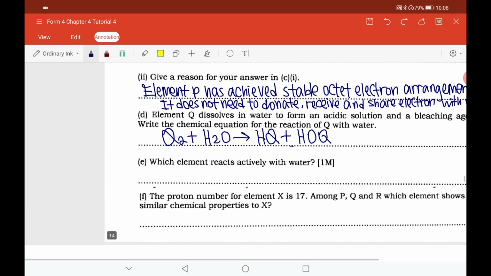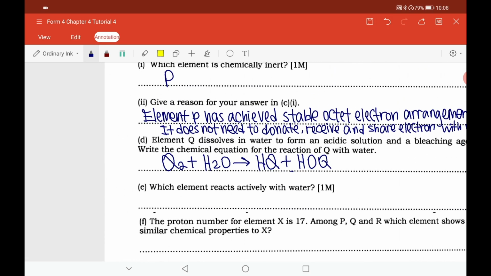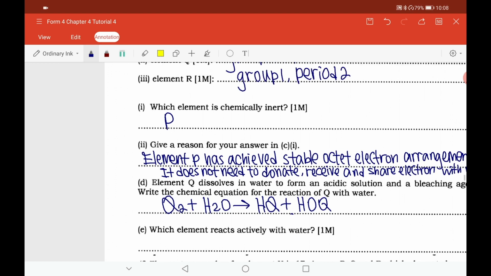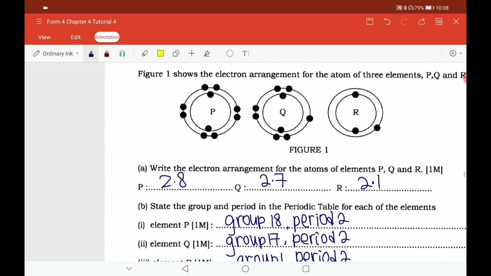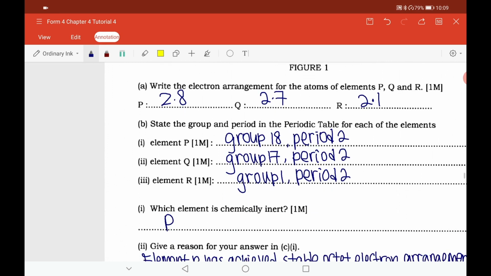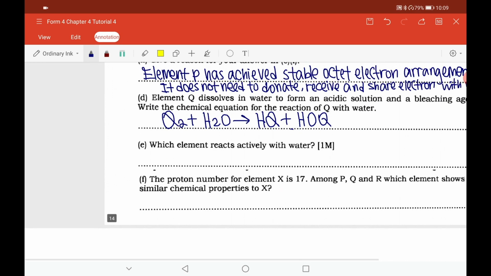Next one, which elements can react actively with water? In SPM there are 2 groups that can react with water: group 1 and group 17. When group 1 reacts with water, they form alkali. When group 17 reacts with water, they form acids.